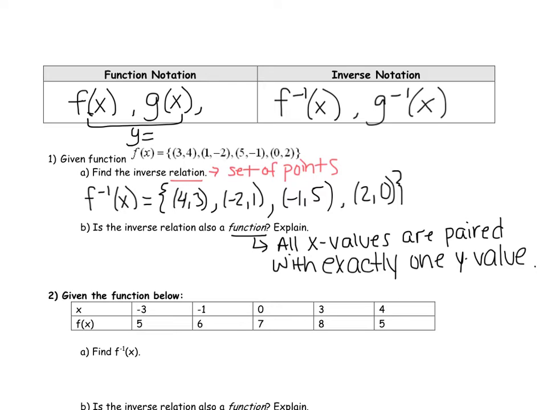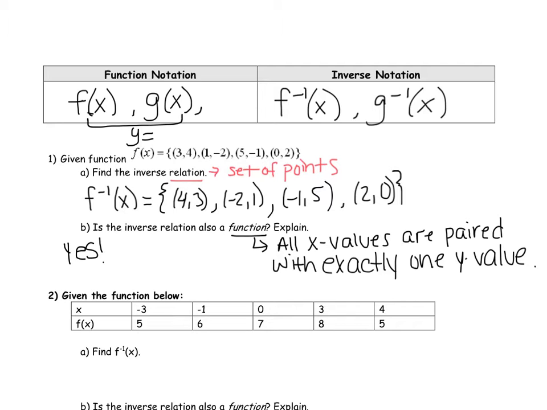So let's examine it. 4 is paired with 3. Is there another 4 that could be paired with something else? No. -2 is paired with 1. No other -2s. -1 is paired with 5. 2 is paired with 0. So I would say yes.